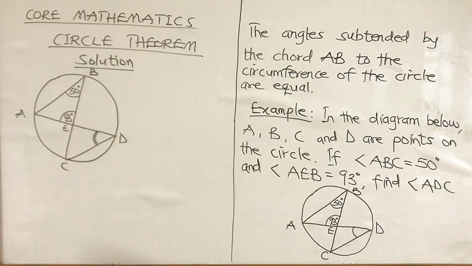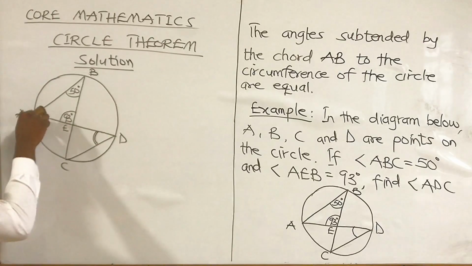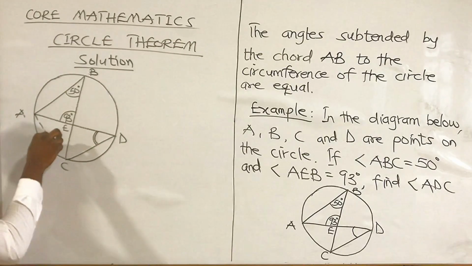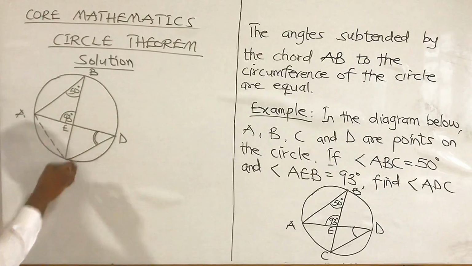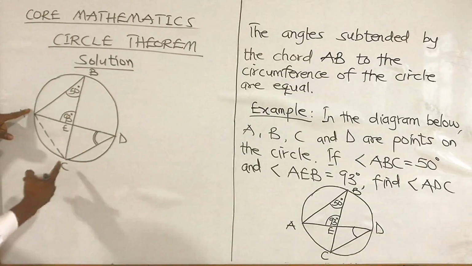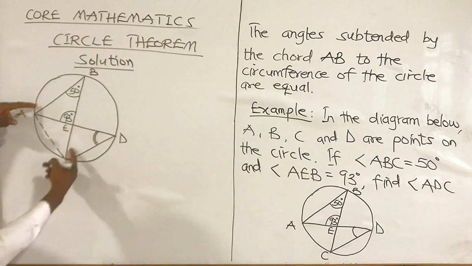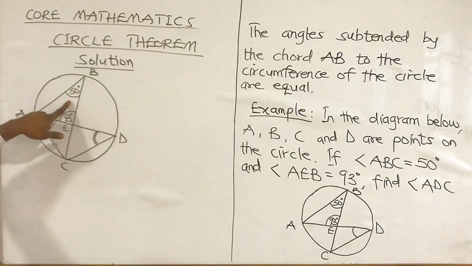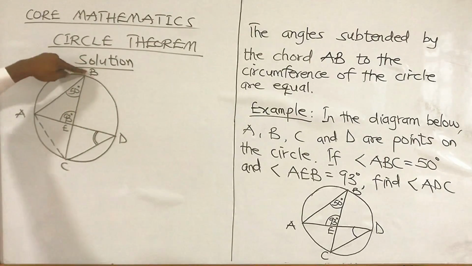Now from what we have on the board, we can introduce short dashes here, meaning that we can join these 2 points, A and C, with short dashes. And AC has subtended an angle of 50 degrees to this circumference.